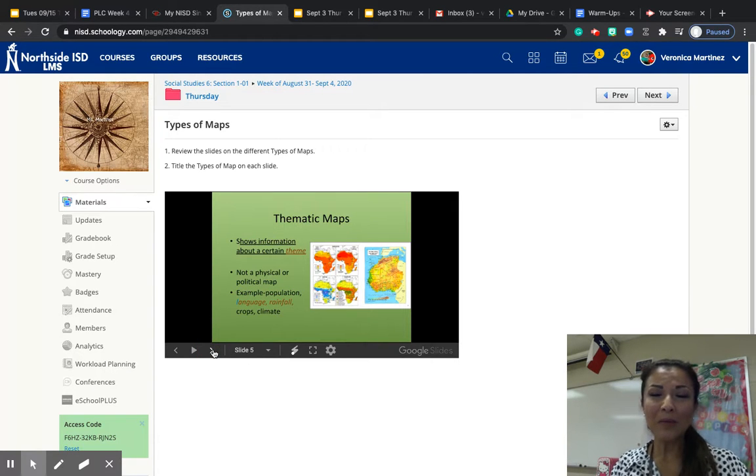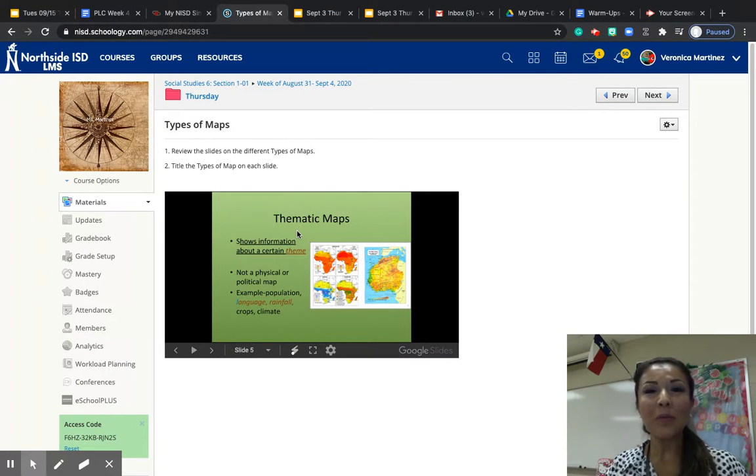A thematic map shows us the theme. Okay, as we go forward, I'm going to show you how to break down certain words so you can have a better idea what you're learning. Typically, if we would spell theme, you would have THEM, and I would put an E here. But thematic kind of sounds like theme, so it's basically showing some information about that map. What is going on in that map? It could be maybe talking about climates, seasons.